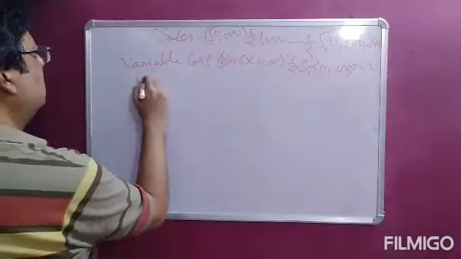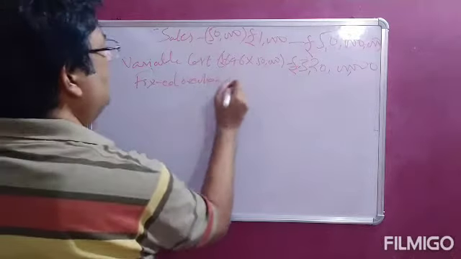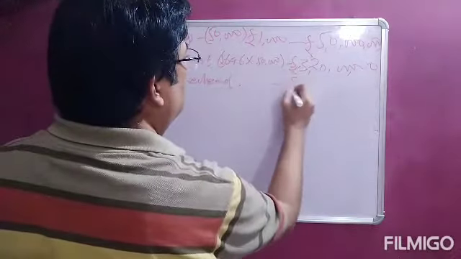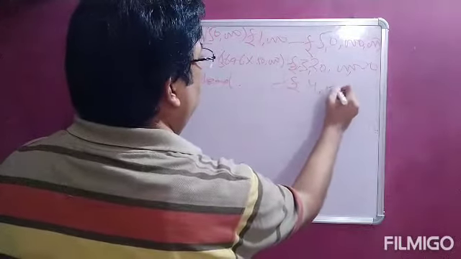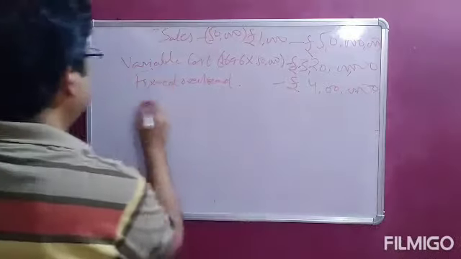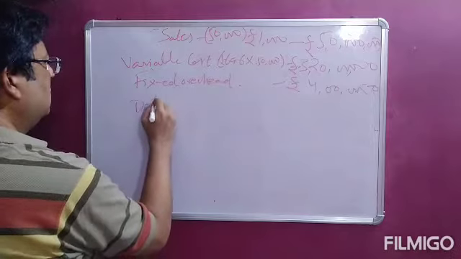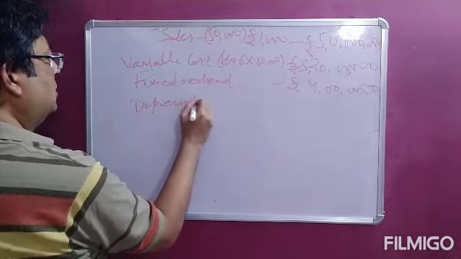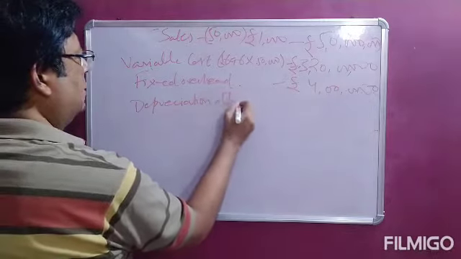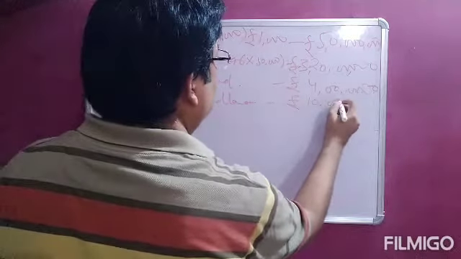Then fixed overhead, say 40 lakhs pounds. Then after fixed overhead, depreciation allowances, we have assumed 10 lakh pounds.